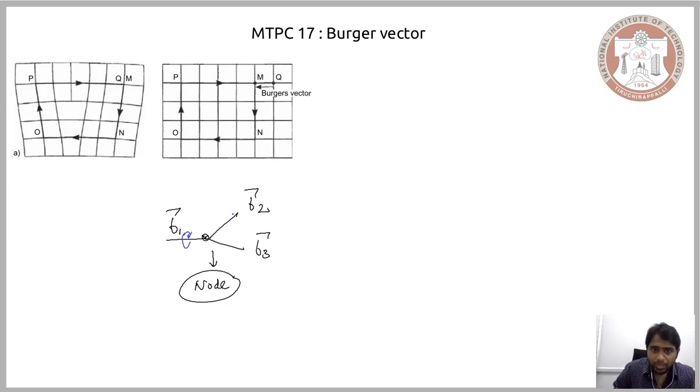And now you can also construct a similar Burgers circuit here that encompasses both B2 and B3. So here your Burgers circuit includes just the dislocation of B1 Burgers vector. Here you are constructing a Burgers circuit that includes the dislocation lines associated with B2 and B3.